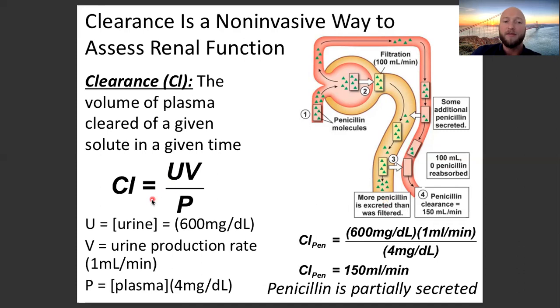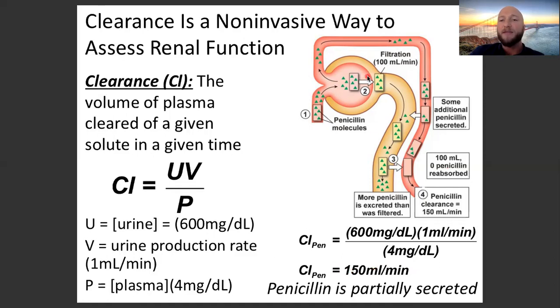In fact, let's look at the numbers. So urine concentration, 600 milligrams per deciliter, times urine production rate, 1 milliliter per minute, so 600 times 1, divided by plasma concentration, 4 milligrams per deciliter, is going to give us 150 milliliters per minute.